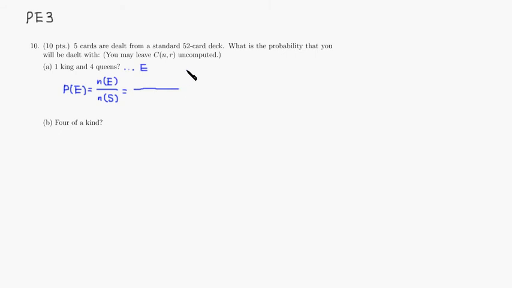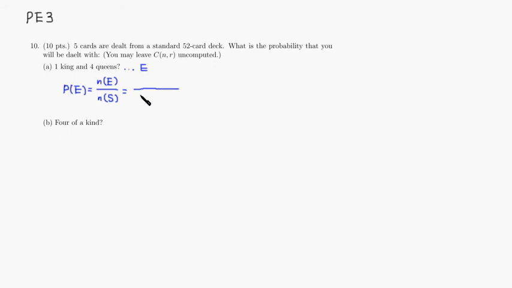Since we are getting 5 cards from 52 cards, we're talking about choosing 5 cards out of 52 cards. In poker hands, the order in which you get the cards does not make any difference.